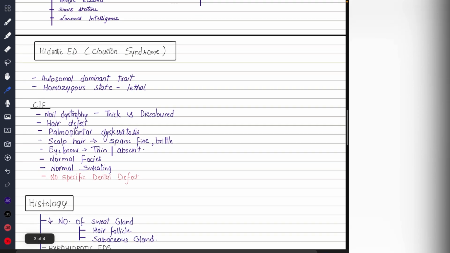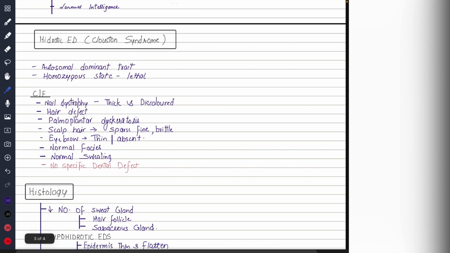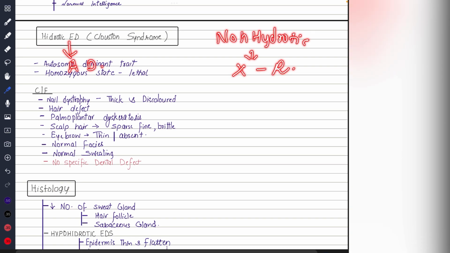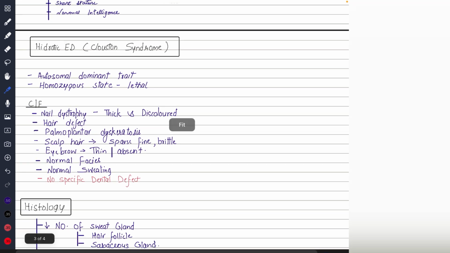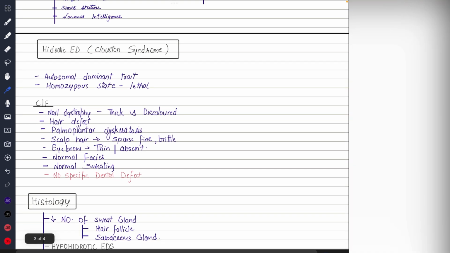The anhydrotic one was sex-linked recessive. So basically, non-hydrotic was X-linked recessive, but hydrotic is autosomal dominant. Basically, the opposite of this. It's very easy to remember.